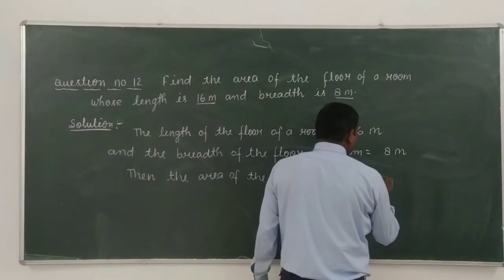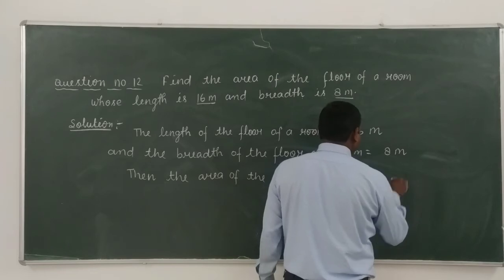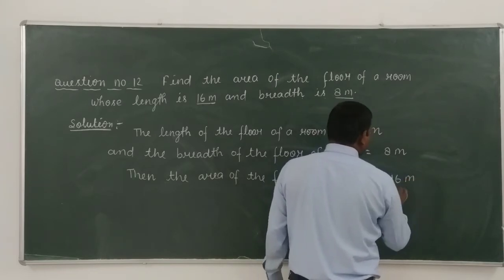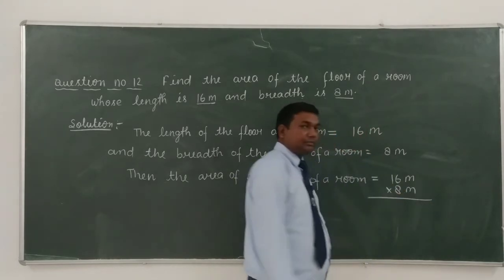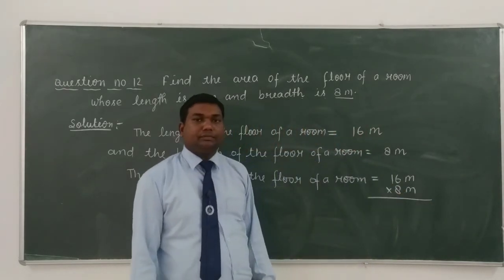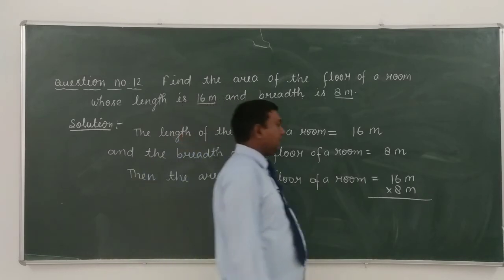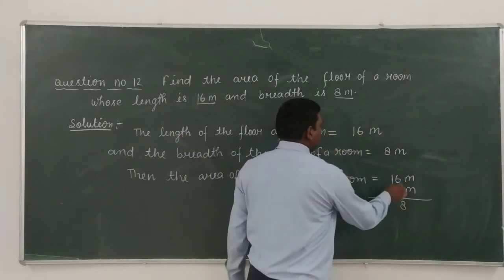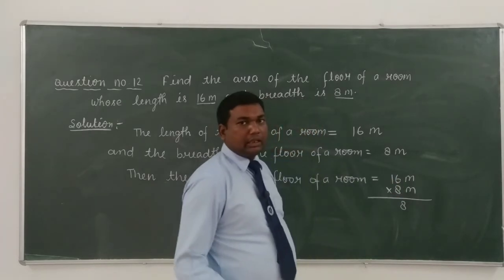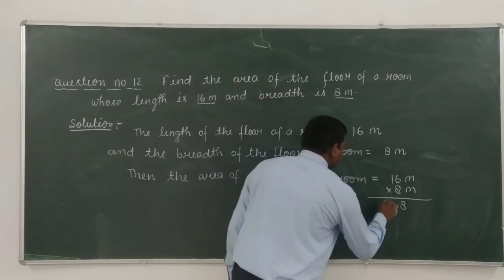Okay, look at here carefully, 16 meter into 8 meter, 8 6s are 48, write 8 carry 4, 8 1s are 8, 8 plus 4 is 12.